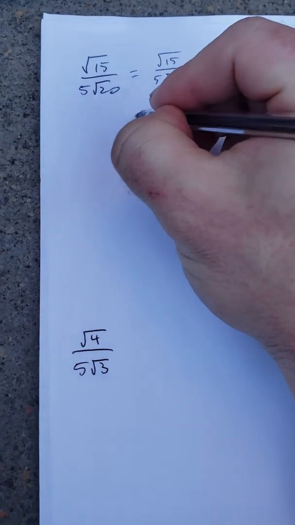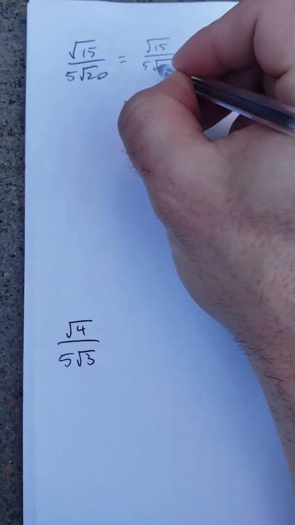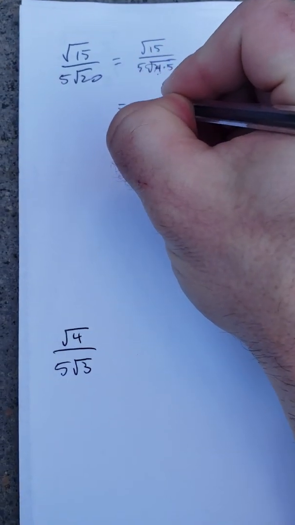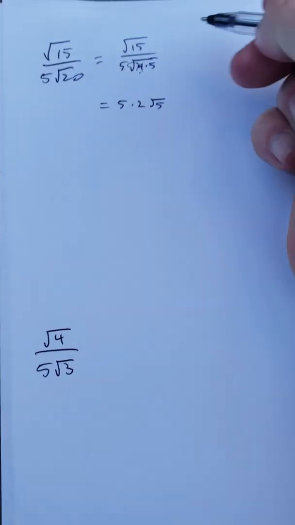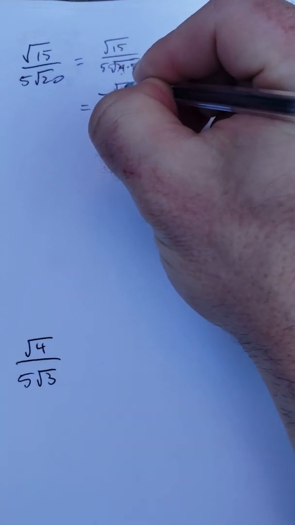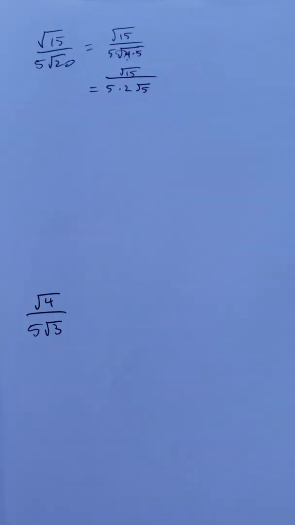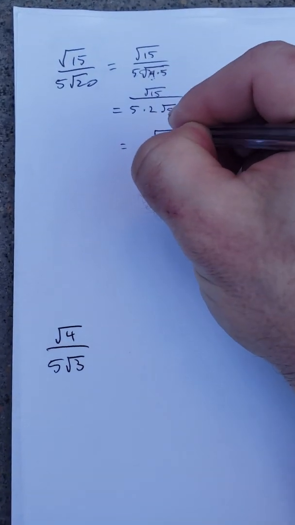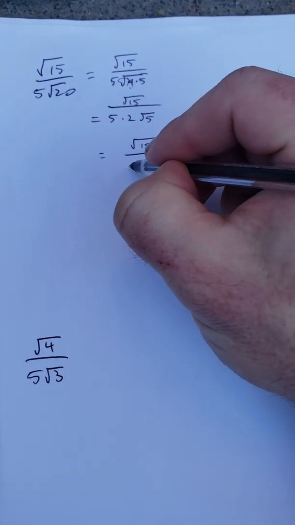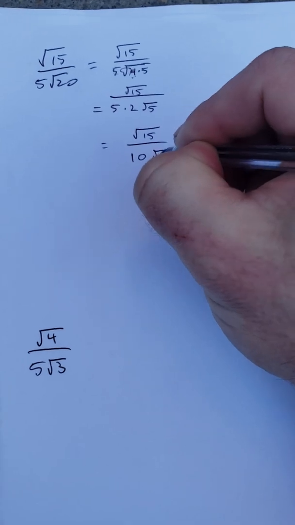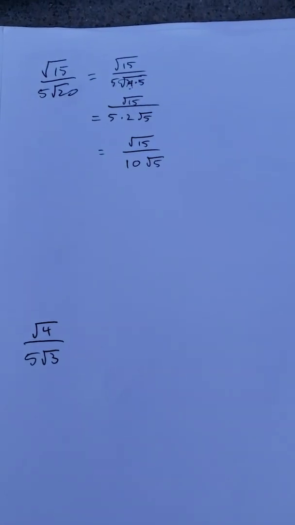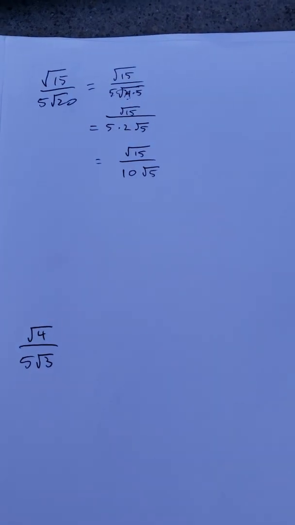I know that the square root of 4 is 2, so I'm just going to pull that out right there. So we have 5 times 2, square root 5, square root 15. And we can even simplify this further before we do any more work. Square root 15 over 10 square root 5.